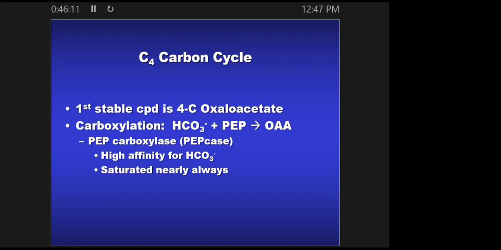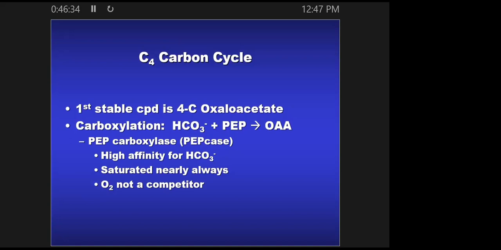So CO2 and PEP react, boom. It's very, very active, very efficient. They've done careful lab studies, and oxygen just doesn't come in to the PEPcase active site. It doesn't work. So that's really good.